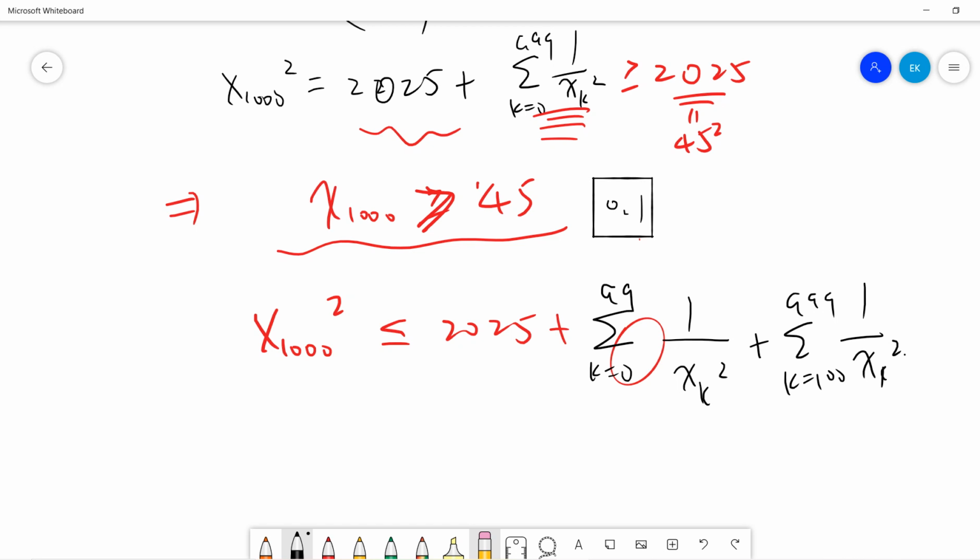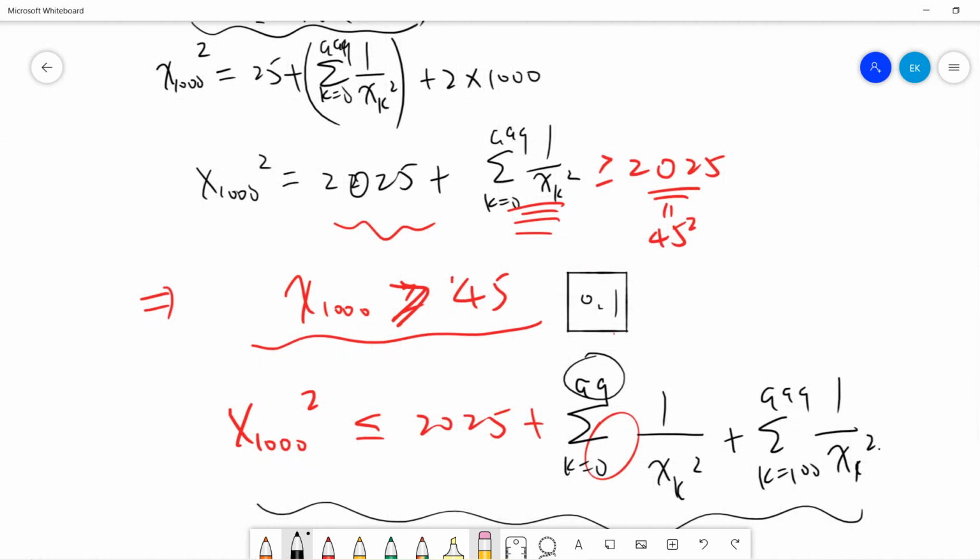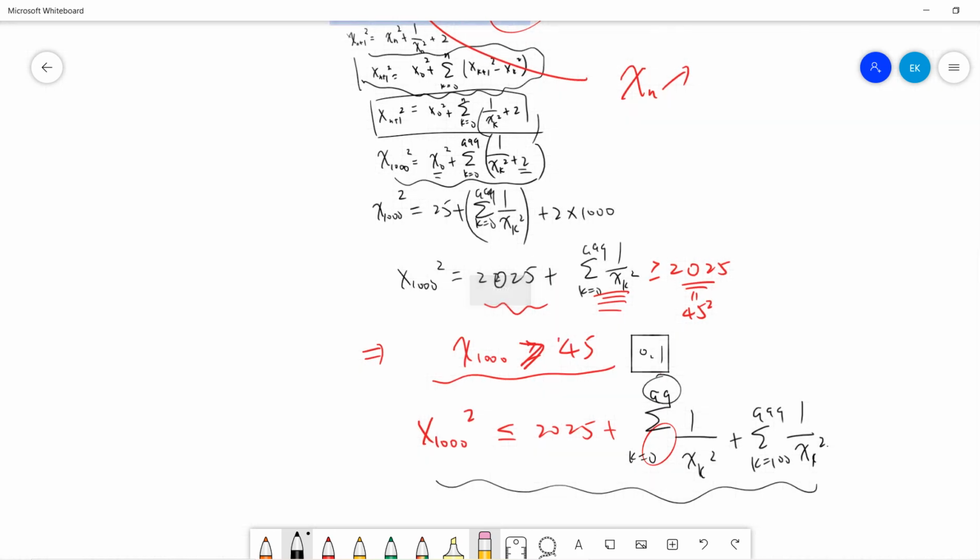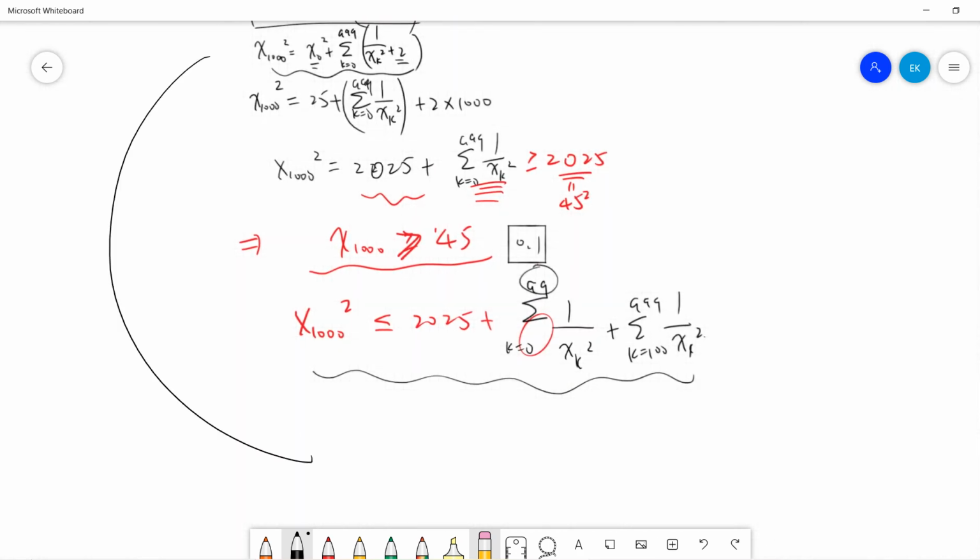So now let's check about 100. Let's go back here and change 1000 to 100. So I get x100 squared, which is x0 squared plus the sum for k from 0 to 99 of 1 over xk squared plus 2.